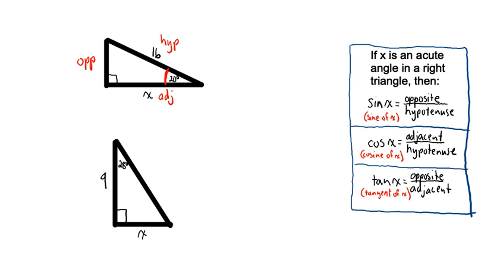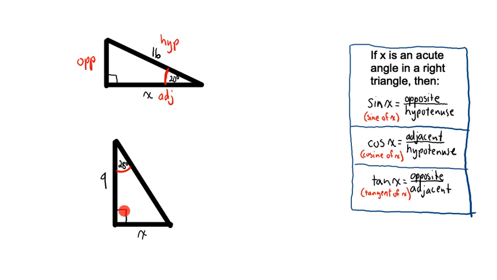All right, let's do the same thing down here. I'm going to choose to use the 28-degree angle to find x. Now, I do happen to know that down on the bottom, this bottom angle is 62 degrees, and I could choose to use that, but I'm going to be straightforward and use the 28-degree angle. This 28-degree angle touches two sides.